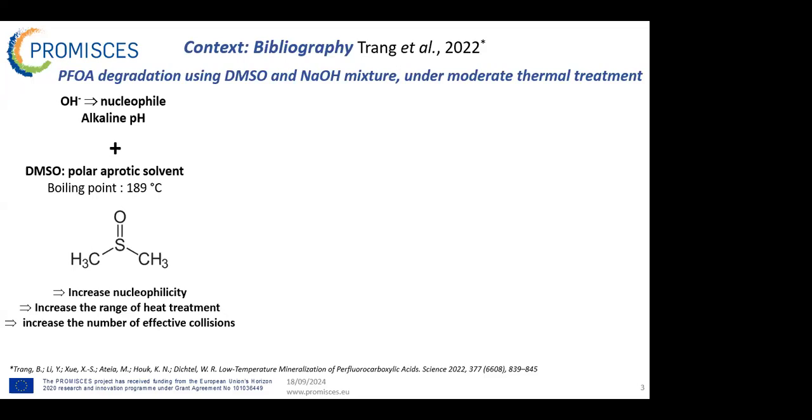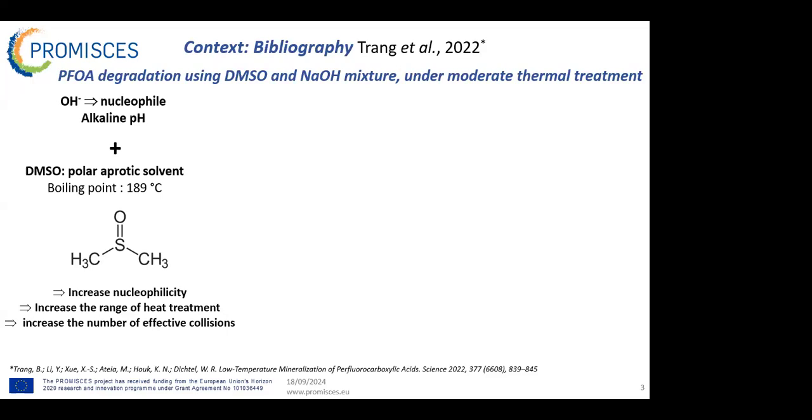When regarding bibliography, we saw that Trang et al. in 2022 investigated the PFOA degradation using a DMSO and NaOH mixture under moderate thermal treatment. They use OH- as a nucleophile. So the more you increase the pH, the more the OH- is active as a nucleophile.